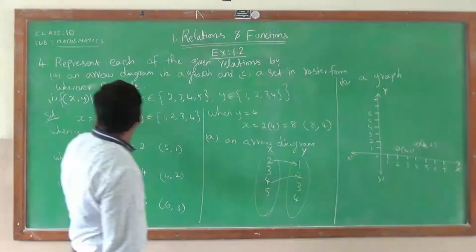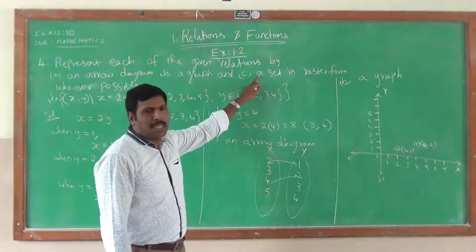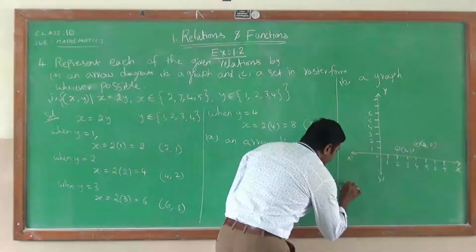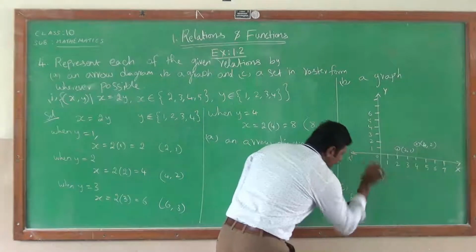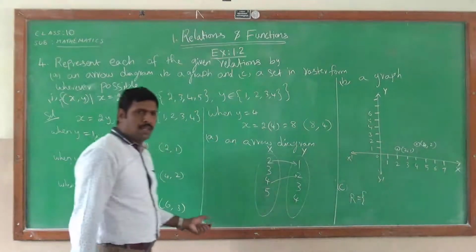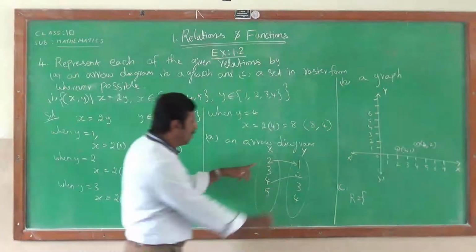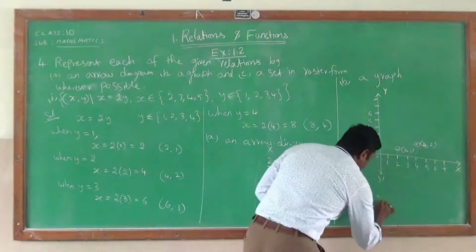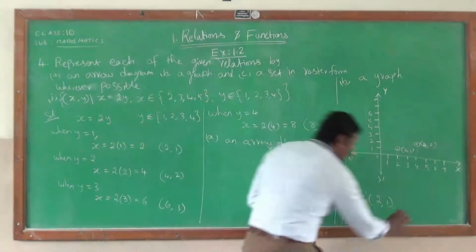Next, last we have to write the set in roster form. We have to write the set in the roster form. Let me take this R as the relation. We have to write all the sets wherever it has mapping elements only: (2, 1) and then (4, 2).